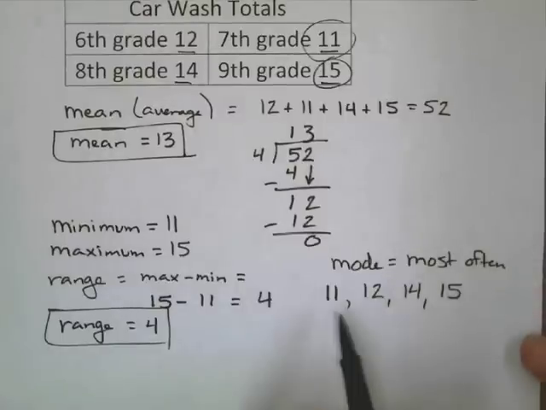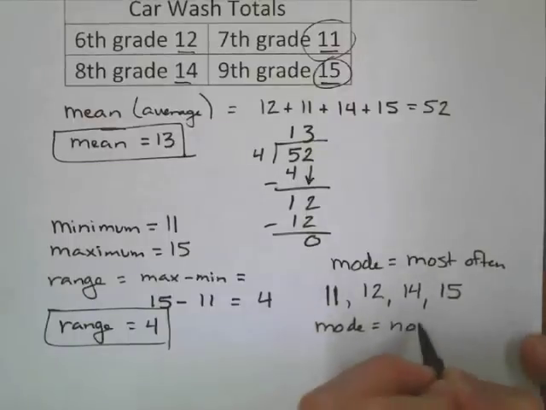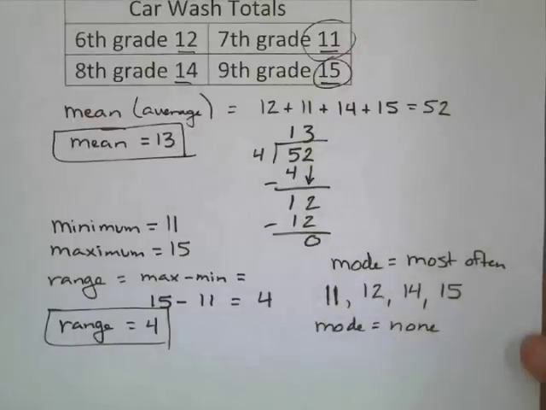So this is how often this data point, this actual piece of data, shows up. And each one of those only shows up once. So we would actually say our mode in this case is none. Now I'll show you one in just a moment that does have a mode that's not none. It does have a mode, so we'll take a look at that. But in this case, the mode is none because all of them show up with the same frequency.